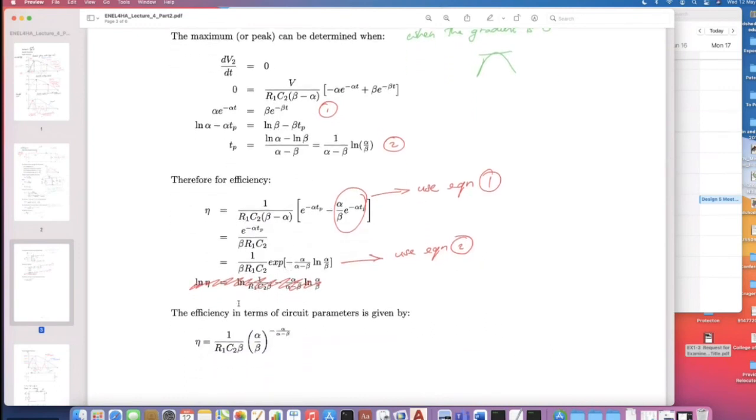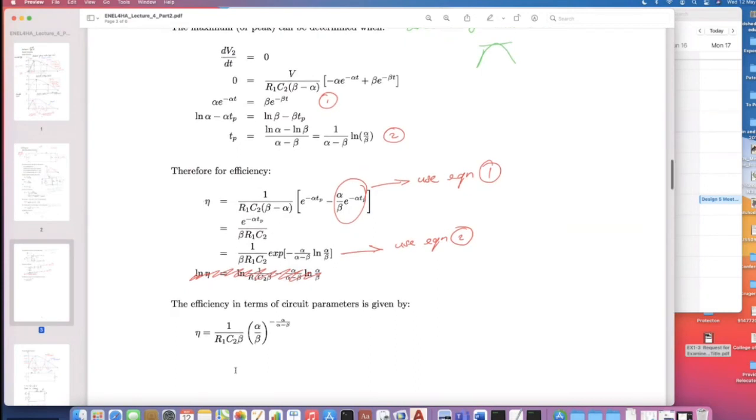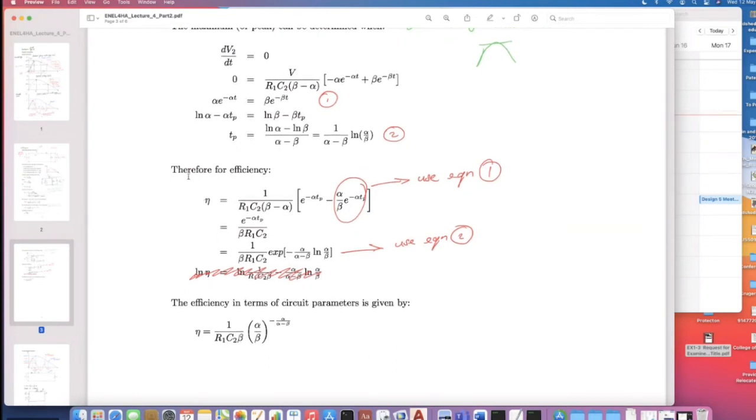We can also find somewhat of an equation for the efficiency. That can be confirmed with a sketch or a value, or if you just determine your V peak.